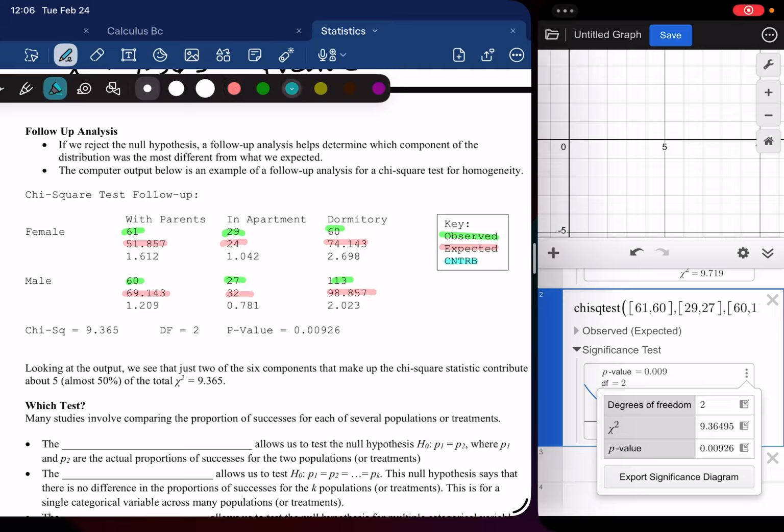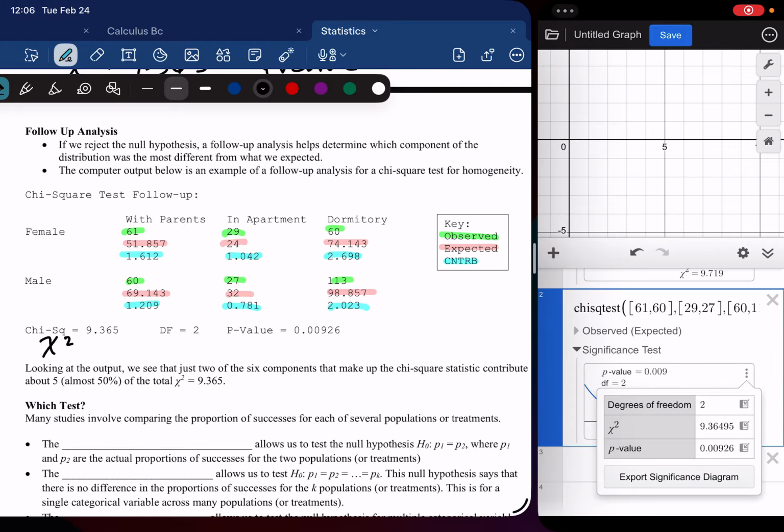And the third number there is your contributions. Also on the computer output, you get your chi-squared number. Typically they will write out the word chi-squared. Just know that this is chi-squared, degrees of freedom, and the p-value. Those two are self-explanatory.